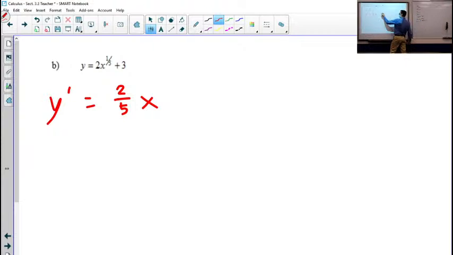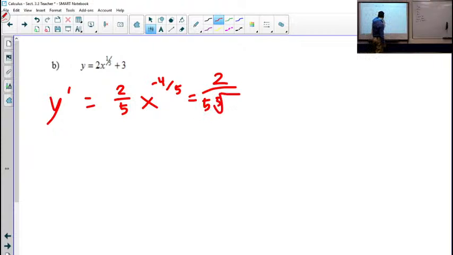So 1/5 minus 1 is going to be negative 4/5. Derivative of 3 is 0. So we want to know where this is 0 or does not exist. Equals, since it's a negative exponent, this can go on the bottom: 5 times the 5th root of x to the 4th. That's x to the negative 4/5.